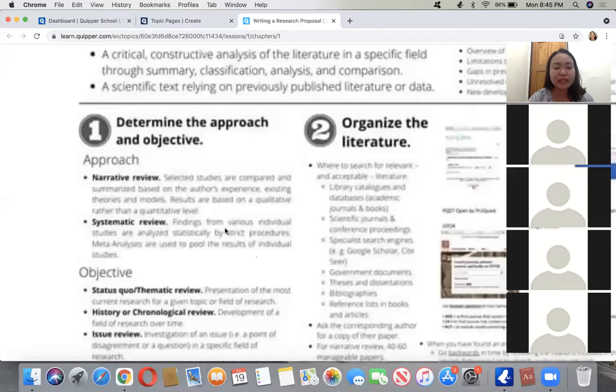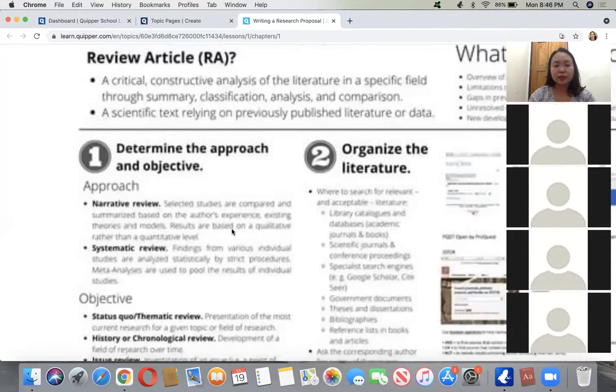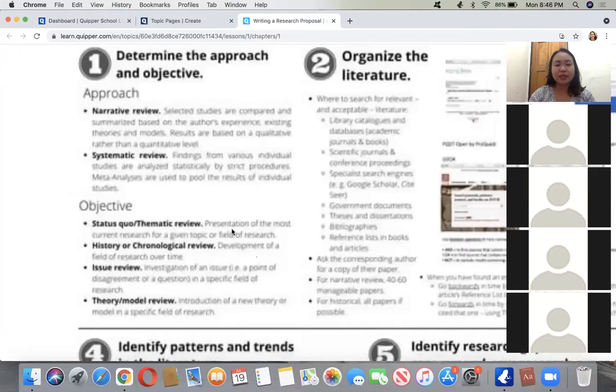These are findings from various individual studies, analyzed statistically by strict procedures, and the analyzed data are used to pool the results of individual studies. So a systematic review is very scientific. That's the first step, your approach.